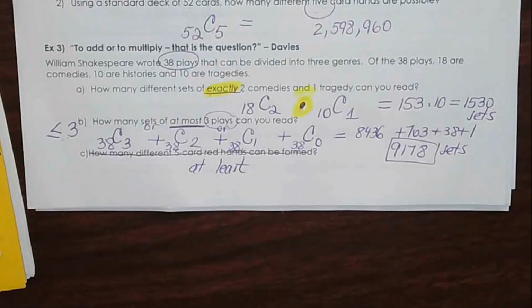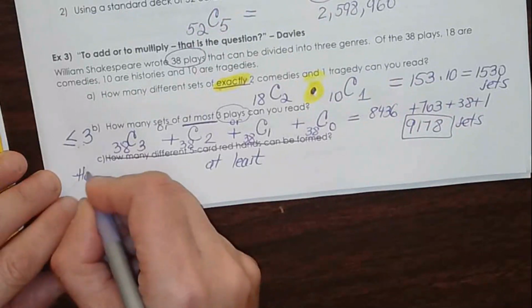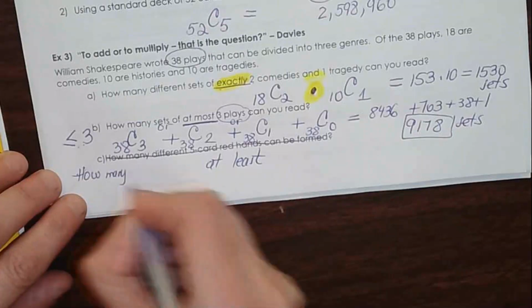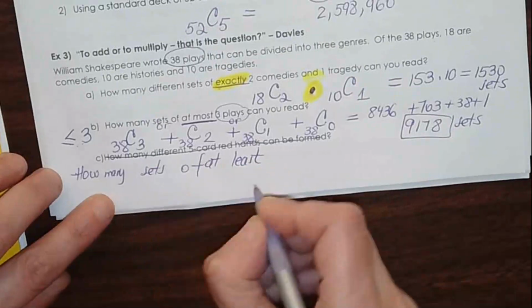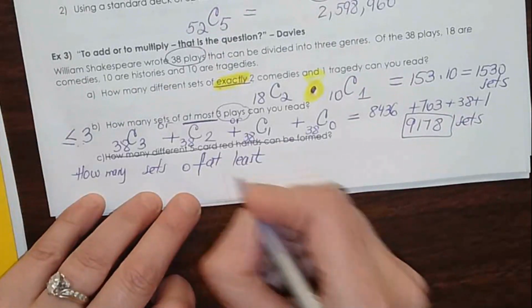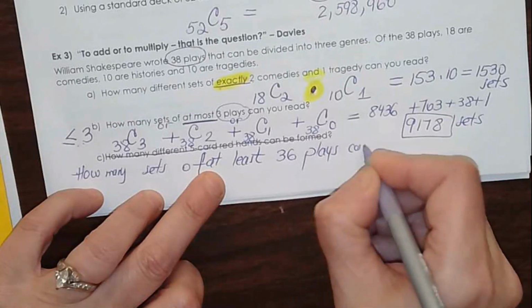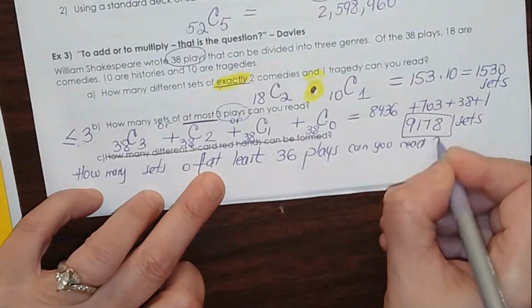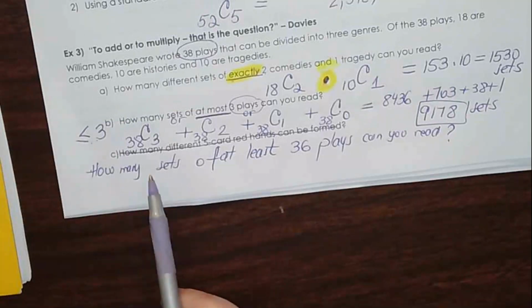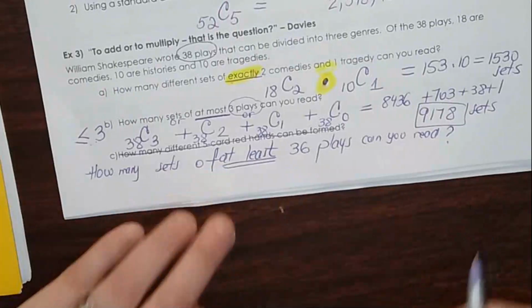And then for C, I'm going to change it to how many sets of at least 36 plays can you read? So change C into how many sets of at least 36 plays can you read?